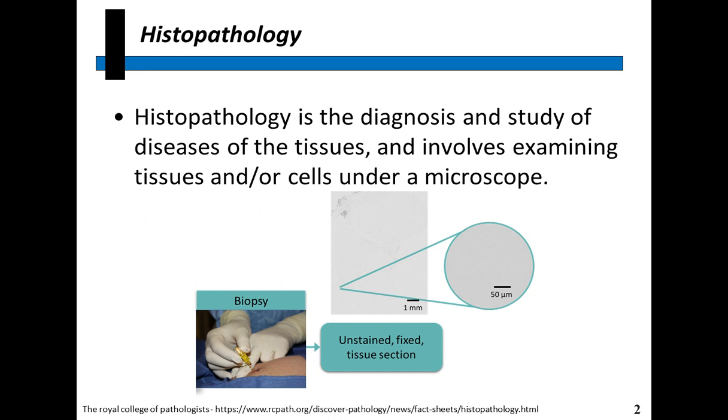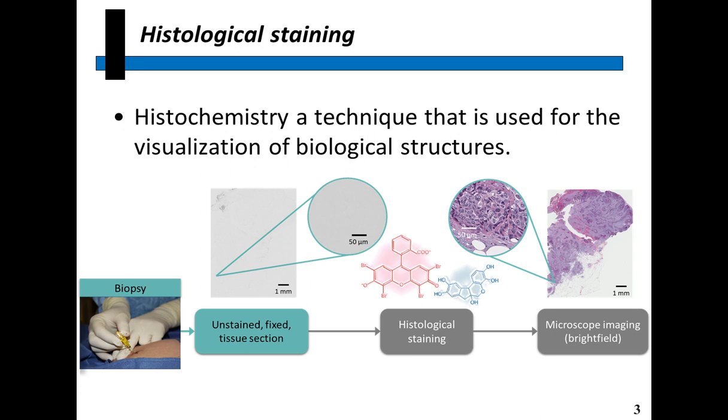A patient will, after some sort of screening process, undergo a biopsy, and then that biopsy will be fixed and sectioned into small tissues, which will be examined under the microscope. Unfortunately, if you look at the tissues in their native form under a bright field microscope, you'll see very poor contrast, which doesn't provide any clinical information.